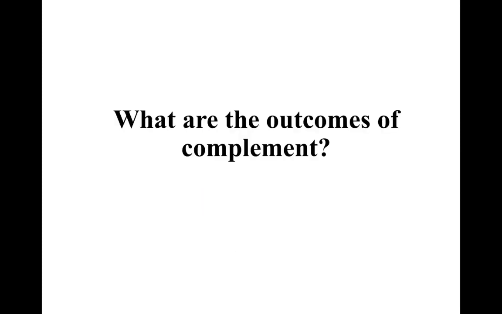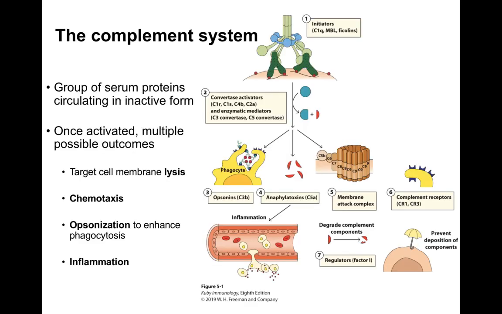What are the outcomes of complement? So when complement gets activated, the complement proteins are in the blood in an inactivated form. And when they get activated, they can do a few things. Some of the complement proteins, such as C3b, can act as an opsonin and enhance phagocytosis.